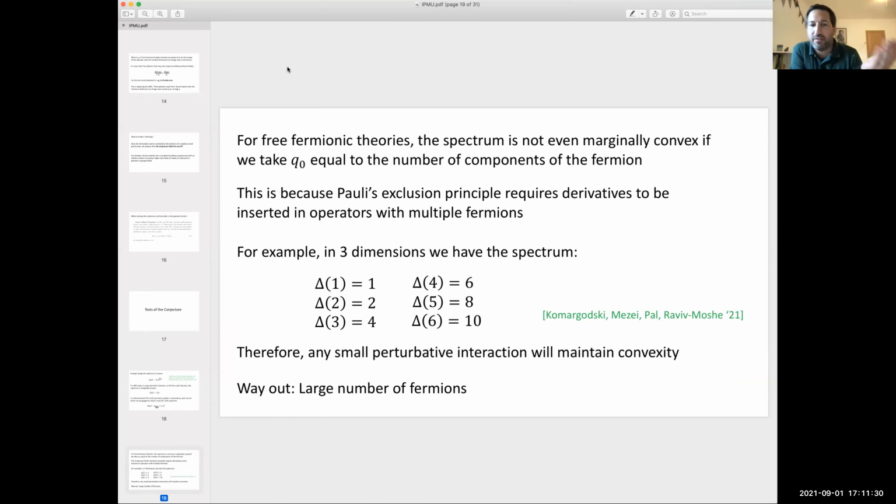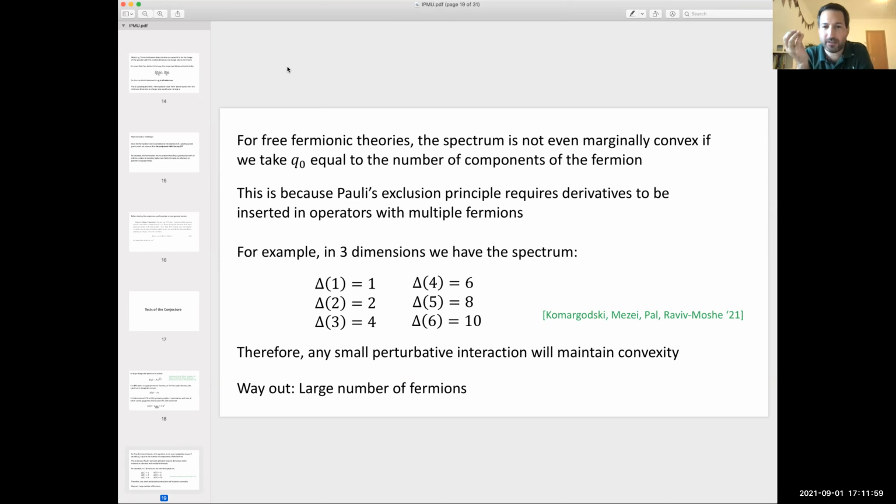And because it's not even marginally convex, that means that any small perturbation of this theory, any kind of small parameter perturbation of the free theory, so any kind of perturbation theory, will maintain convexity. Because it's just going to give us a small correction to something that's not even marginally convex. And so any weakly coupled theory, not just coupling, but large N or any kind of small parameter controlling a fermionic theory will have a convex spectrum.